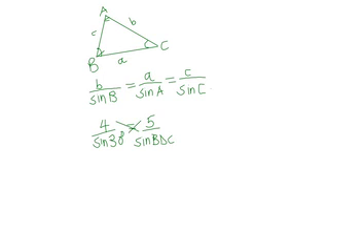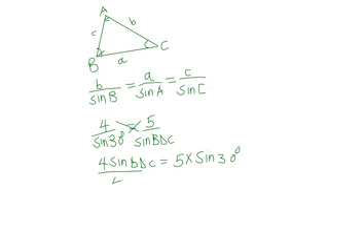Then we can cross multiply, and 4 multiplied by sine BDC is equal to 5 multiplied by sine 30 degrees.